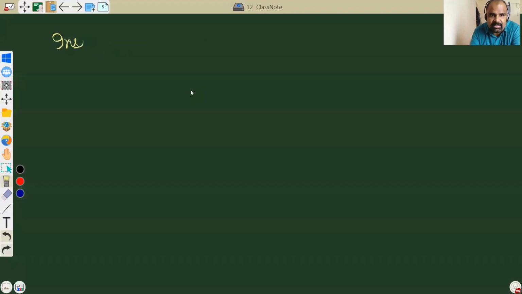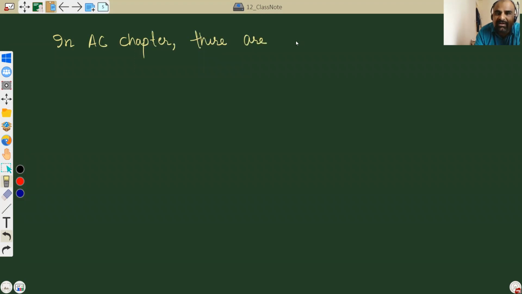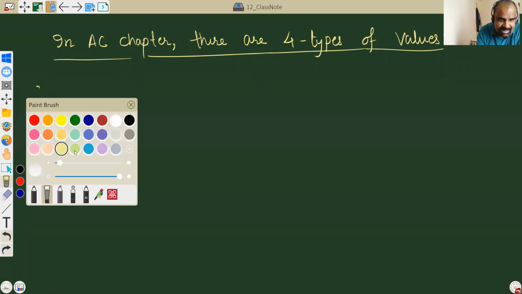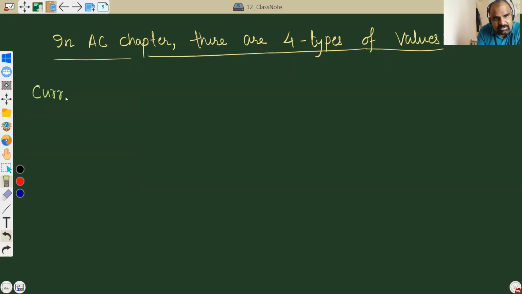I will write that in an AC circuit there are in fact four types of values. In terms of current. So first let's look at the current. I'll explain, you will understand very soon what I'm trying to say. Let's talk about current. There are four types of current.